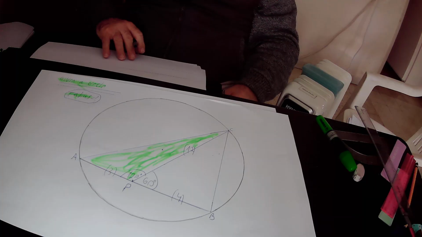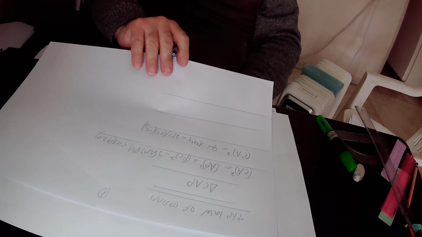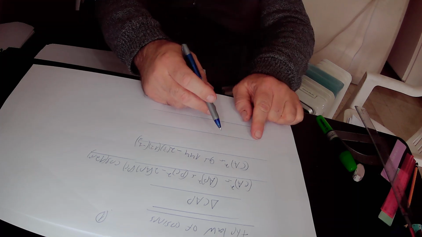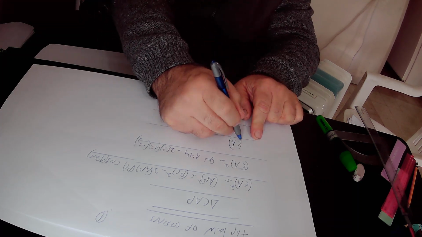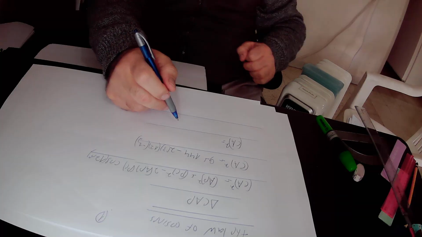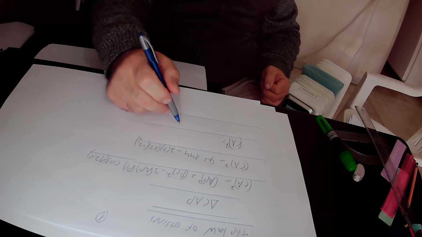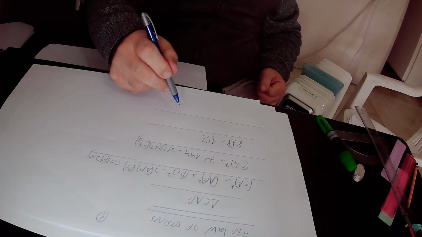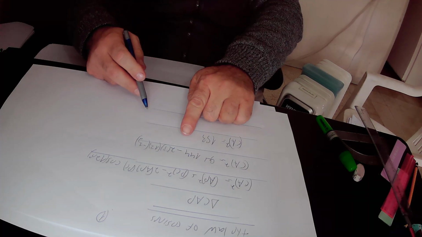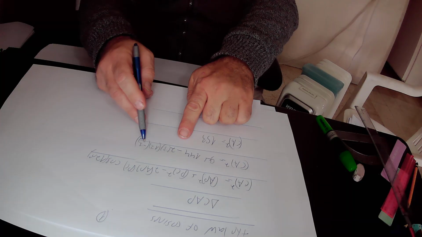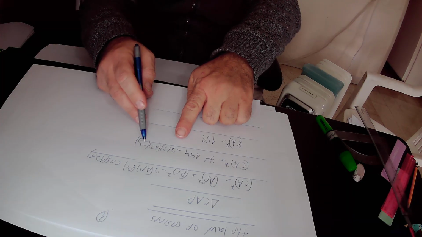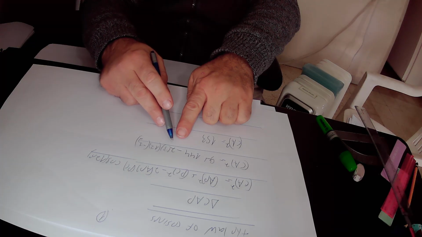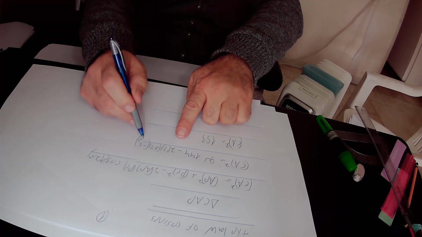So in total, according to the law of cosines in triangle CAP, the following equation is true. CA squared equals 9 plus 144. 9 plus 144 is 153. Here we have minus times minus, which is plus, so this expression is positive. Here we also have 2 in the numerator and 2 in the denominator, so the 2 gets cancelled.